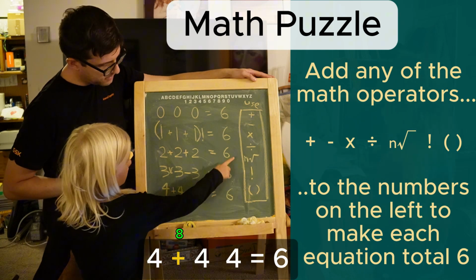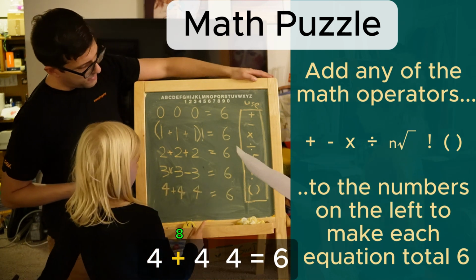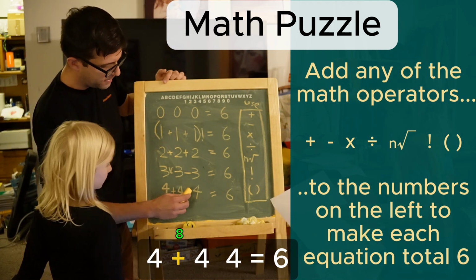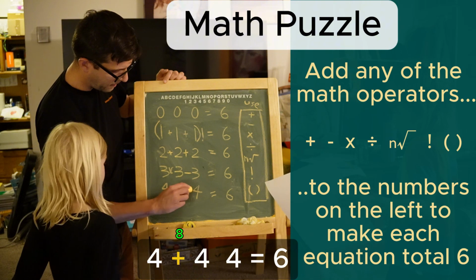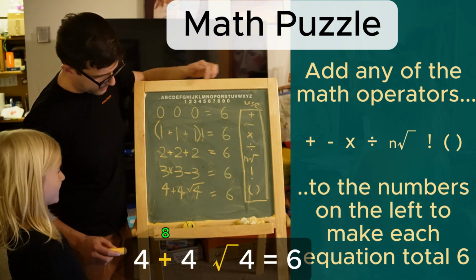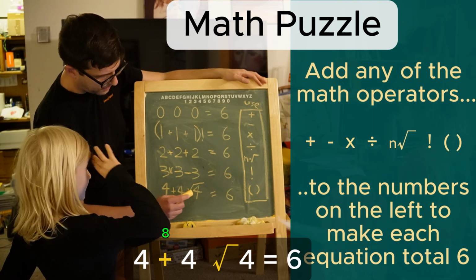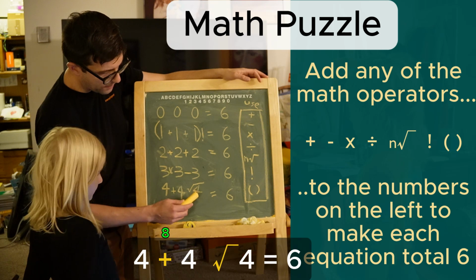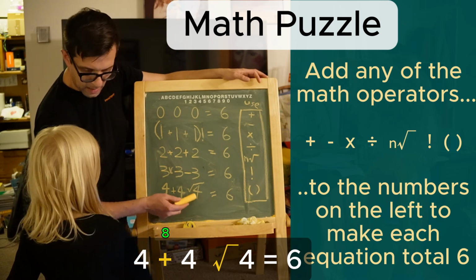I don't even know what these are. Well, you haven't got to this yet, but this is our solution right here. Now, if we take the square root of 4, it's going to do that little symbol. What that means is the square root. So what number multiplied by itself equals 4?